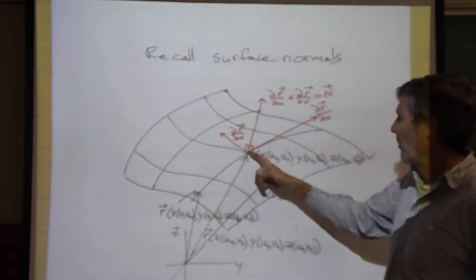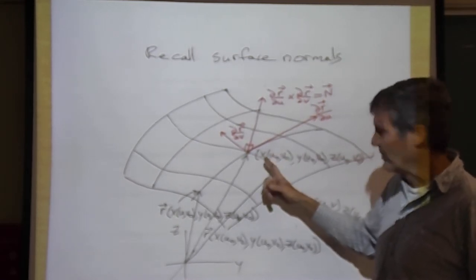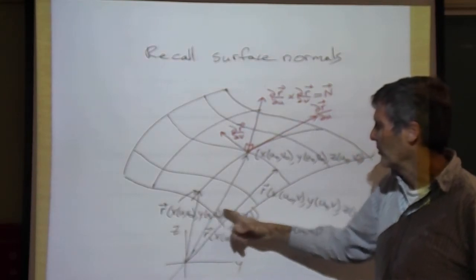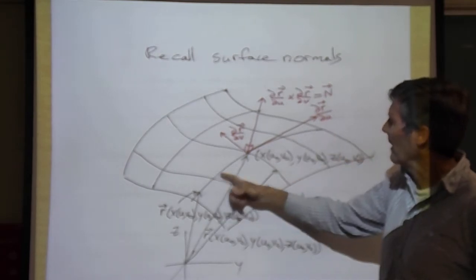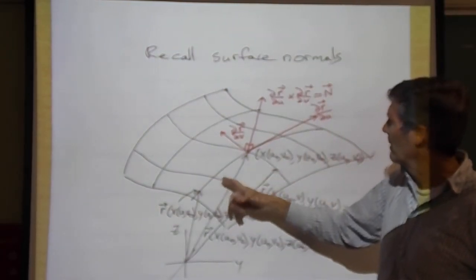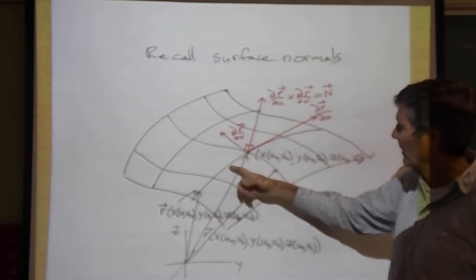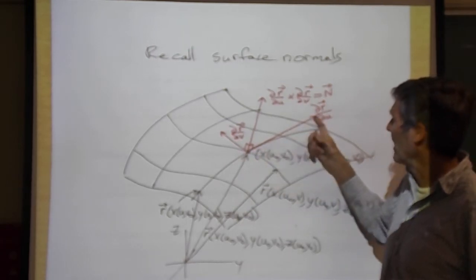Now, at that point, if we consider holding, say, v0 fixed, that makes r a function of one parameter, and it makes it a curve. And along that curve, where v0 is fixed and we just let u vary, dr du, you recall, for a curve given as a function of one parameter, is the tangent vector.